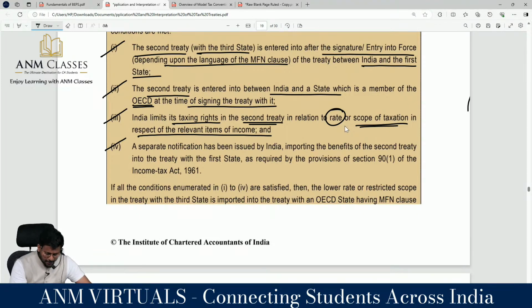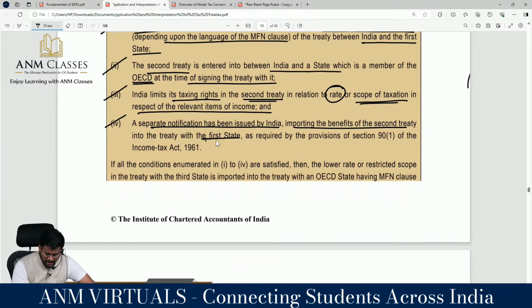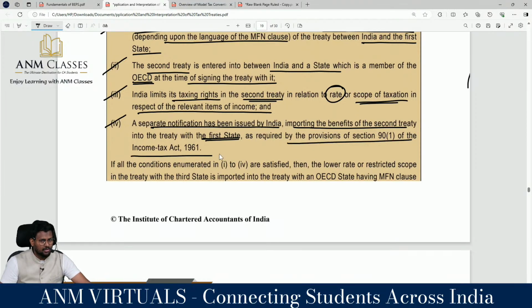First treaty. A separate notification has been issued by India importing the benefit of what treaty into the treaty with the NA state as required by provision of 90 subsection 1 of the Income Tax Act. Raja, first I should enter into first treaty, then I should enter into subsequent treaty. That subsequent treaty should be with the OECD country.